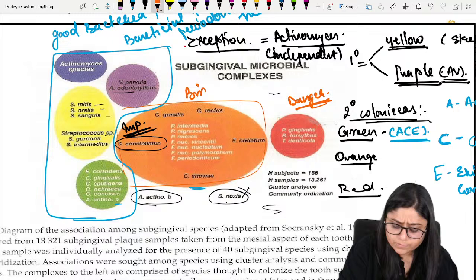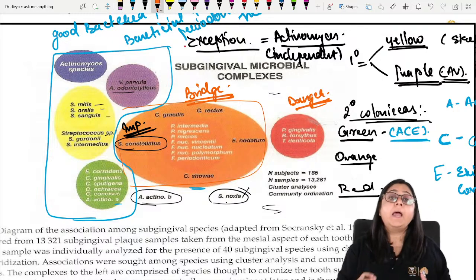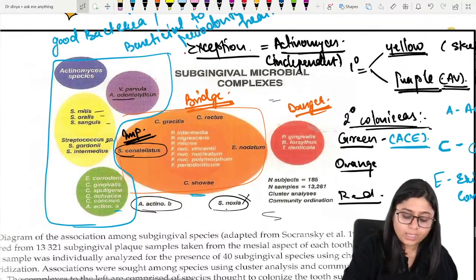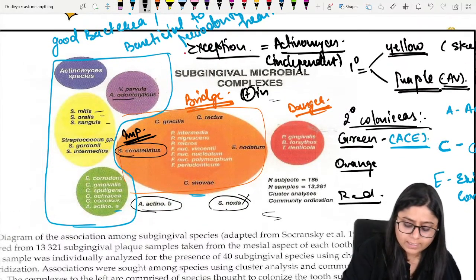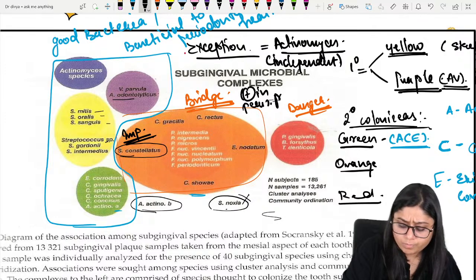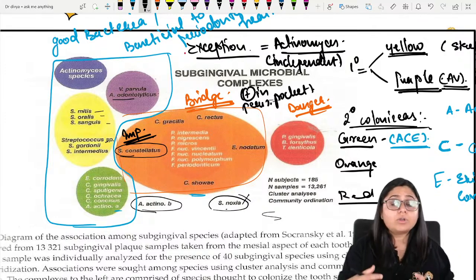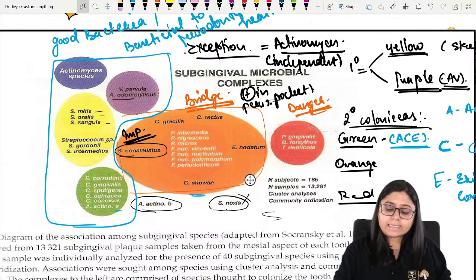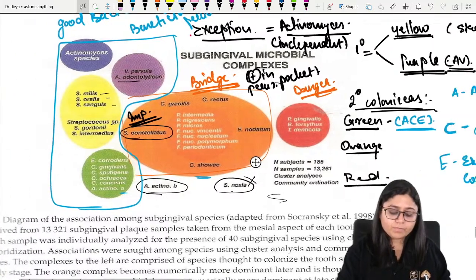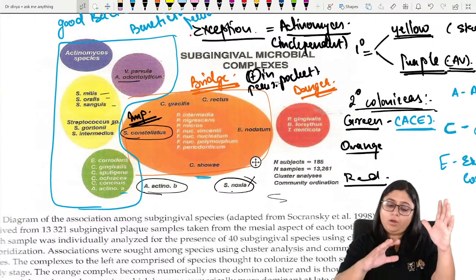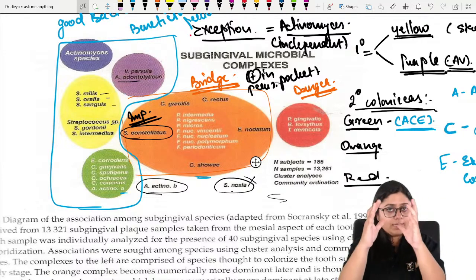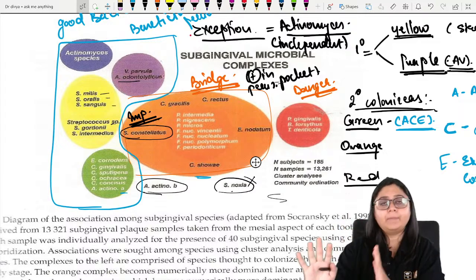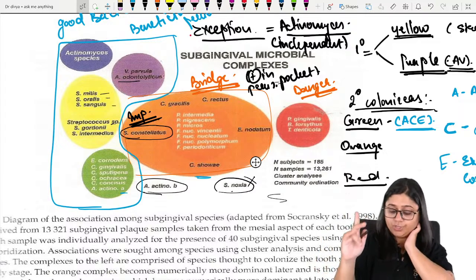So the bacteria present in the orange complex are bridging bacteria, and they are present in the periodontal pocket. Mostly they consist of rods and spirochetes. So good bacteria are present on the tooth, orange complex bacteria are present in the pocket, and bad bacteria or the dangerous bacteria are present on the pocket epithelium. This you need to remember.